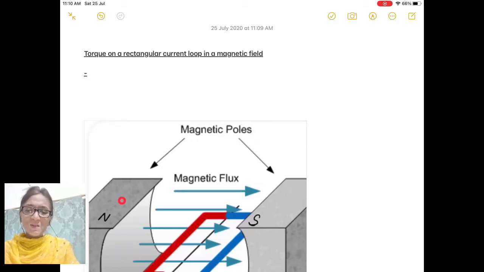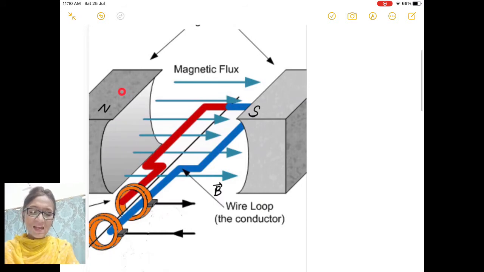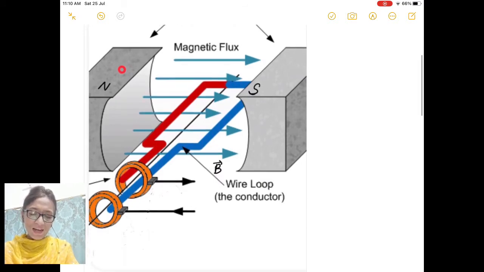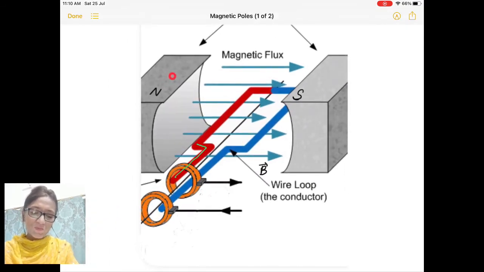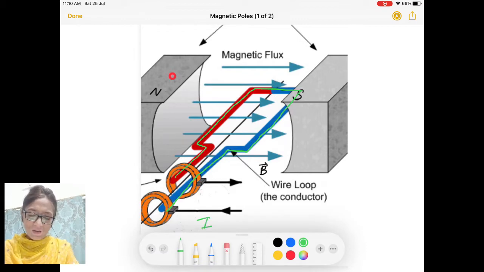Hi, so today we are going to learn the torque on a rectangular current carrying loop in a magnetic field. Here you have one such rectangular loop. It is carrying current I, and this rectangular coil is placed in the magnetic field produced by the north pole and south pole of the magnet.